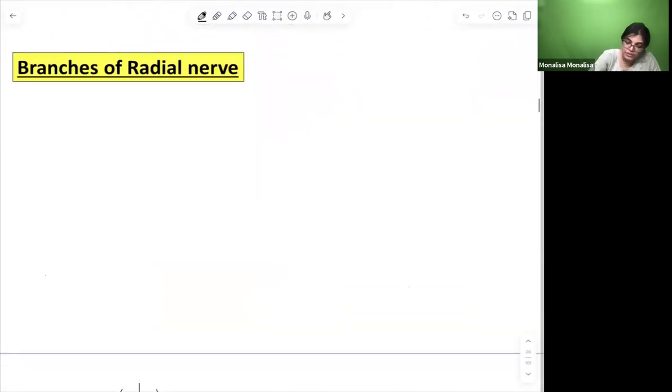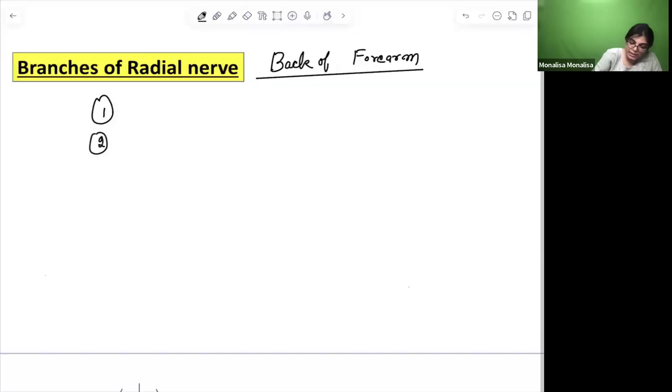So write down the branches to the muscles in the back of the forearm. What are the names of these muscles? ECRL and brachioradialis.